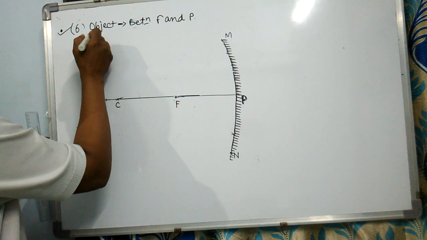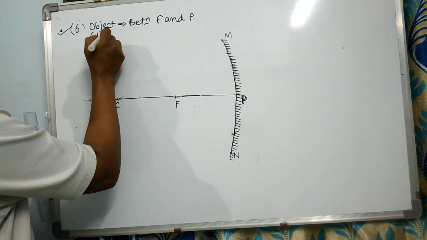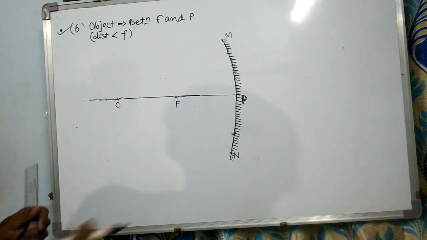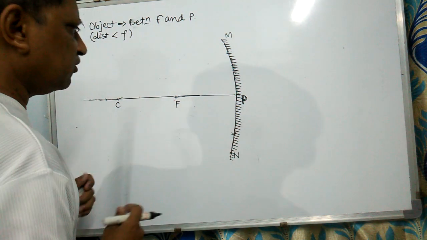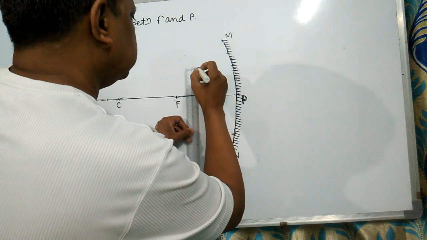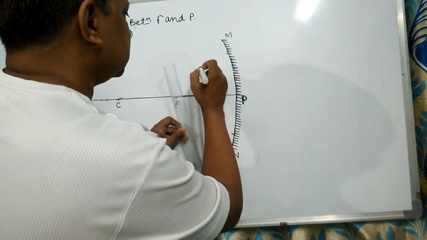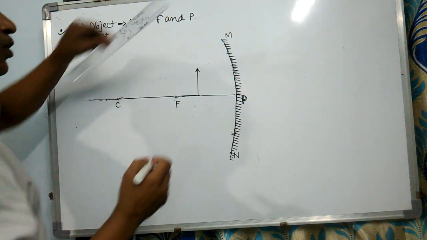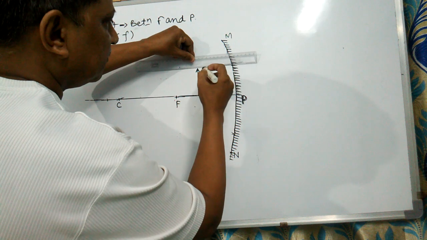It means the distance is less than the focal length, or the object is within the focal length, it can also be said. Now, this is our object. It is in between focus and pole. The first rule is the same.